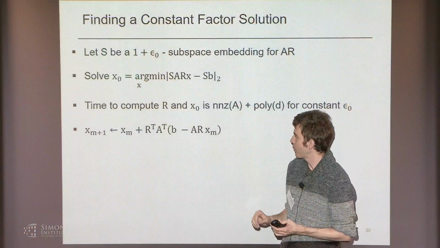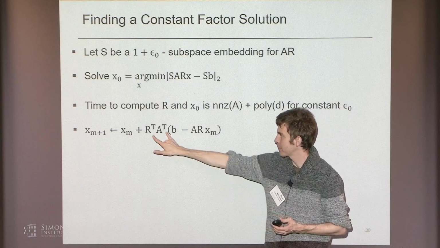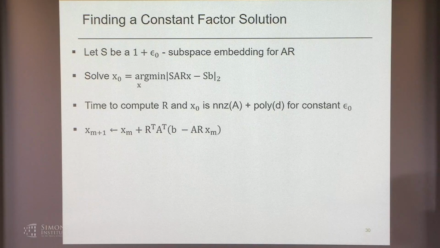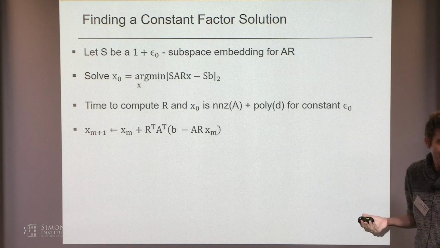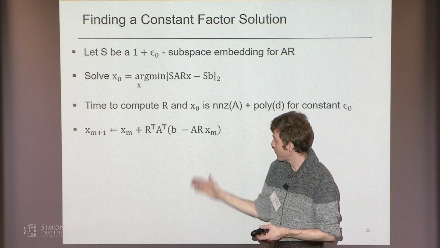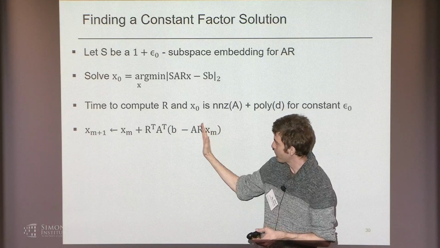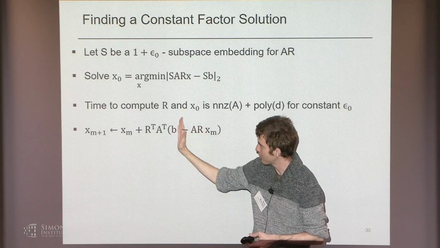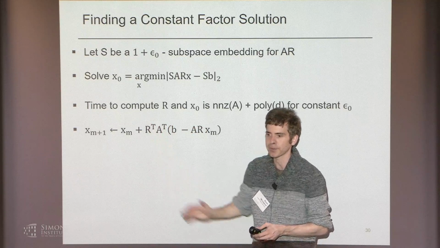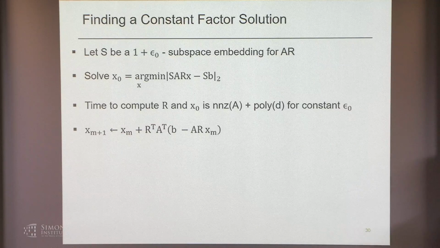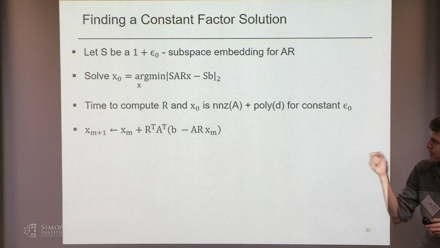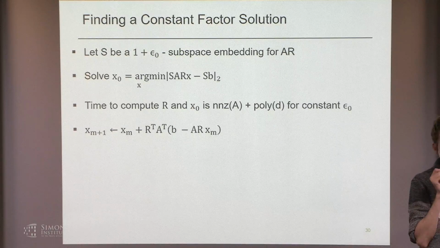I'm never actually computing the product R transpose times A transpose, just the product on a vector. I have xm, I compute R times xm, which is a vector, compute that times A, subtract that from b, and compute that vector times A transpose and then R transpose. I never have to compute the matrix-matrix products. The use of sketching here is for the purposes of making the condition number constant.